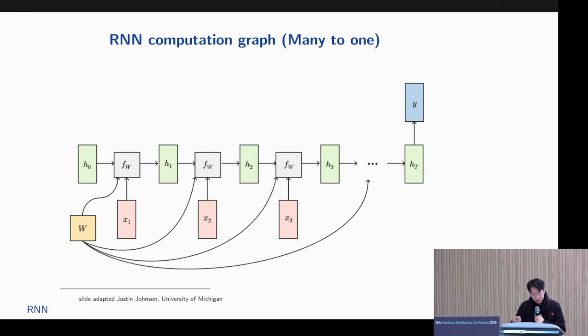Many-to-one, for example for video classification, you would input sequences of frames and keep updating your hidden state. Upon computing the final hidden state, you would apply WYH to produce the final output.